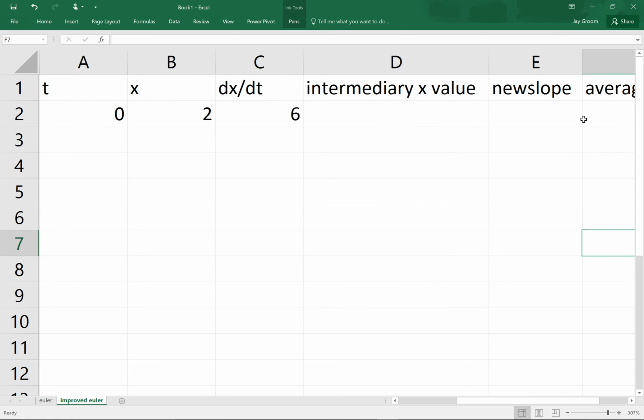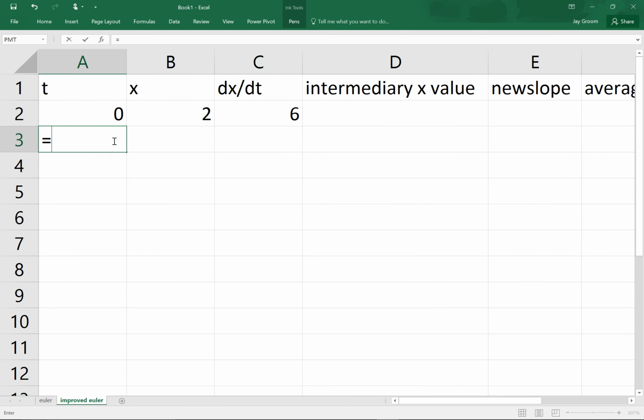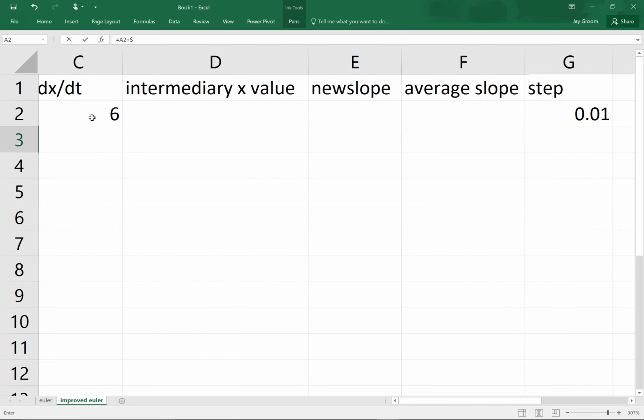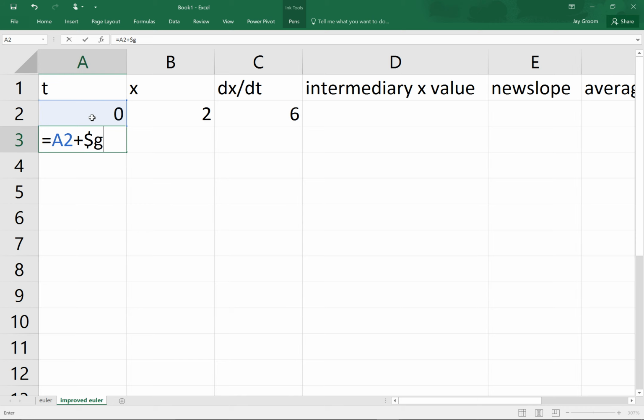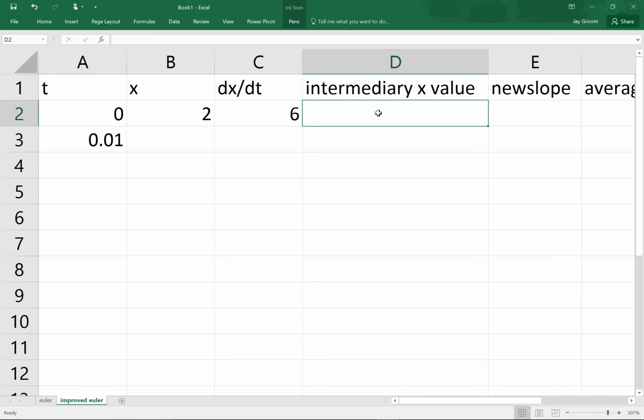So here, this equation is going to be exactly the same as it was before, plus the dollar-sign G, this time dollar-sign 2. Now, right here is where I'm going to do what I did last time.